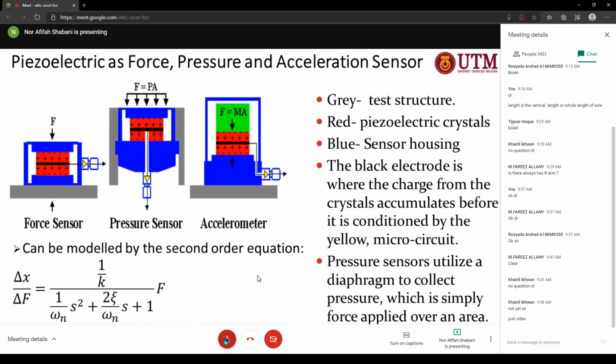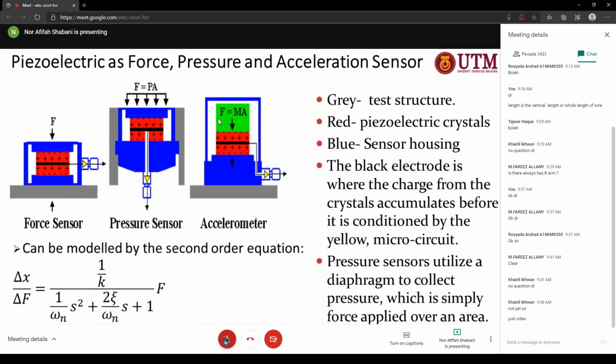So one example of the accelerometer sensor uses the piezoelectric concept. These are the other applications of piezoelectric: the force sensor, pressure sensor and the accelerometer.